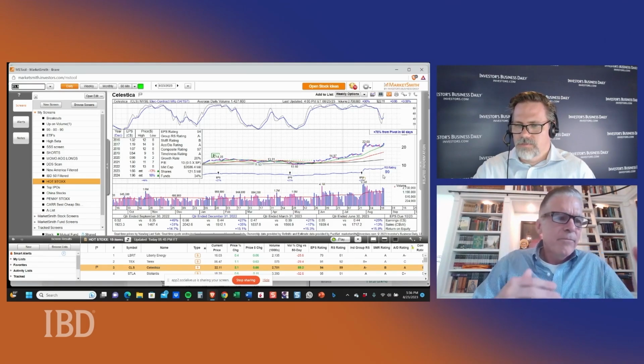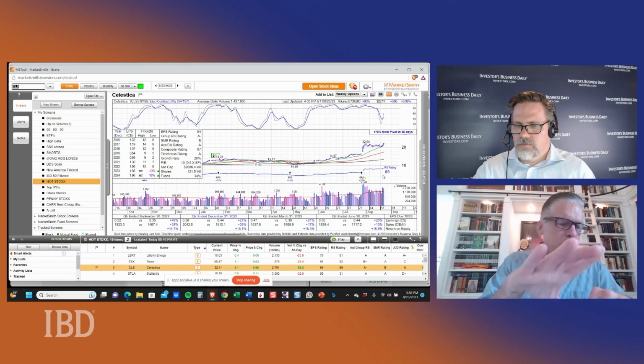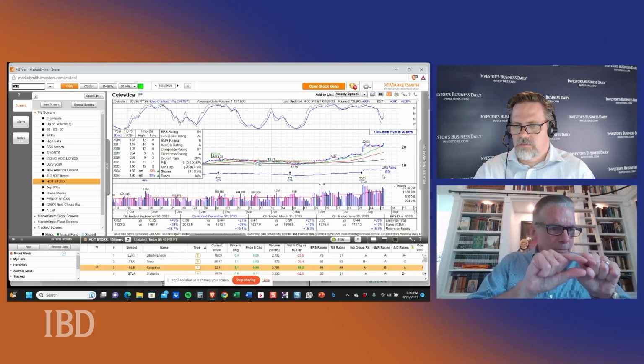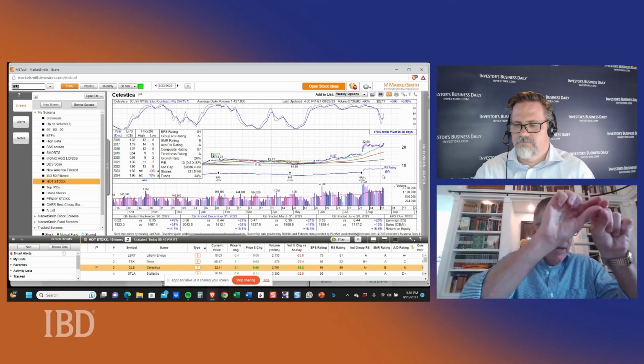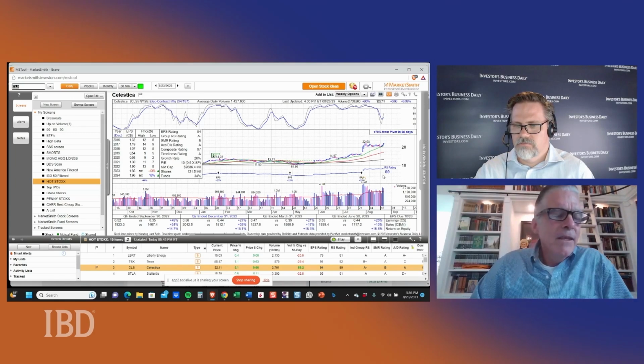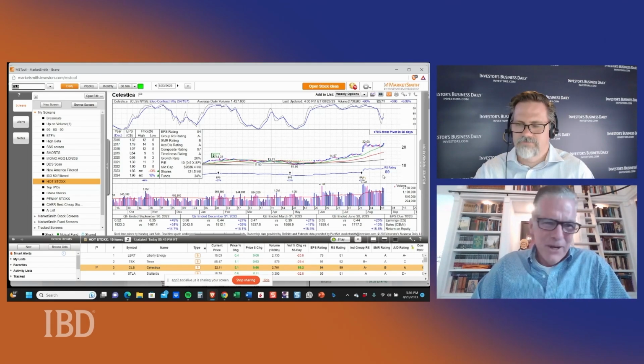I use an overlay, so I use a 1.5 and a 2.0 standard deviation for the linear regression channel. And it gives a nice little pink band at the bottom and a blue band at the top between the 1.5 and 2.0. And my motto in my live trading room is let's buy the pink and let's sell the blue. Rinse and repeat.